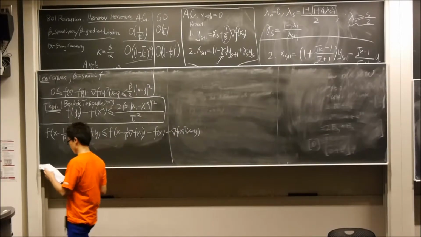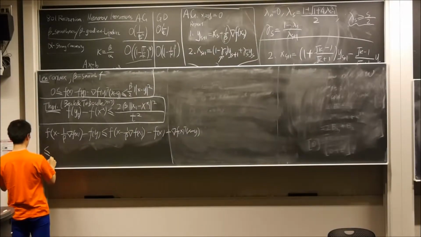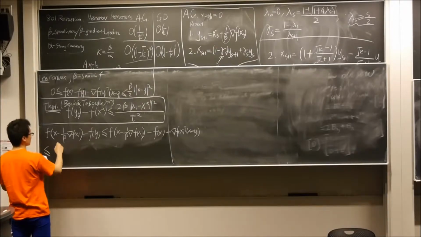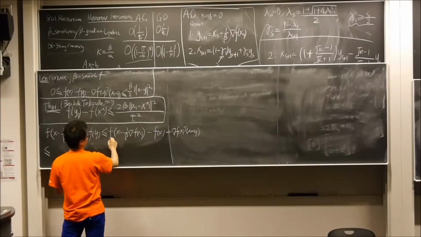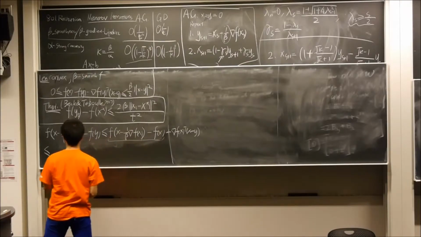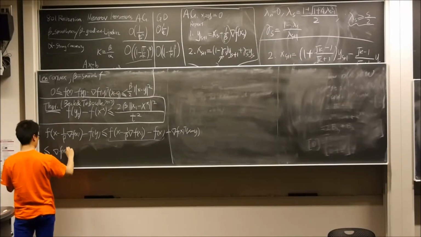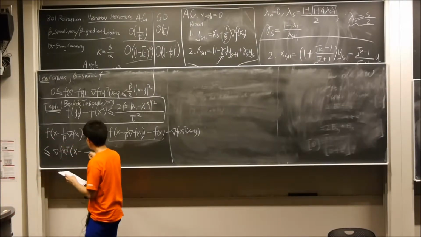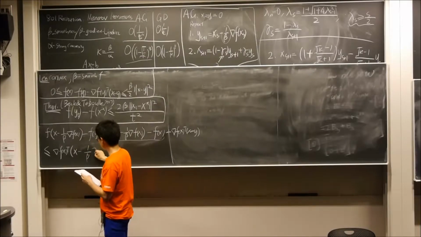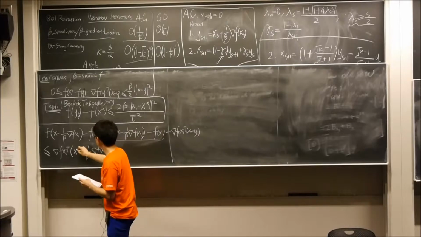This is just a first order condition for convex functions, and it is further smaller than if we apply this lemma to this part of the function, then we will get, and this x cancelled out.